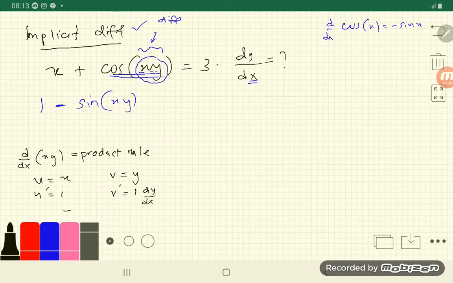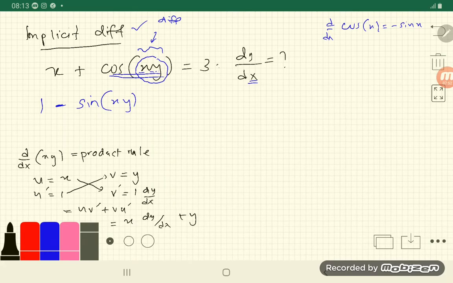So use the formula of product rule, which is u v prime plus v u prime. So you are going to get u multiplied with v prime, so x dy over dx, and here v multiplied with u prime, so it will be y multiplied by 1, so it's supposed to be y there.